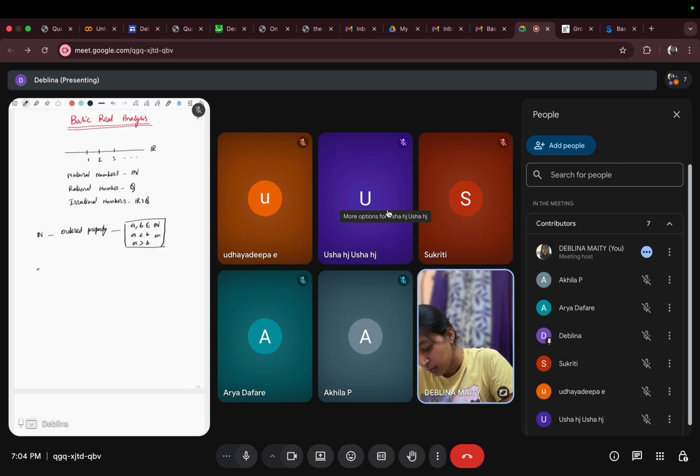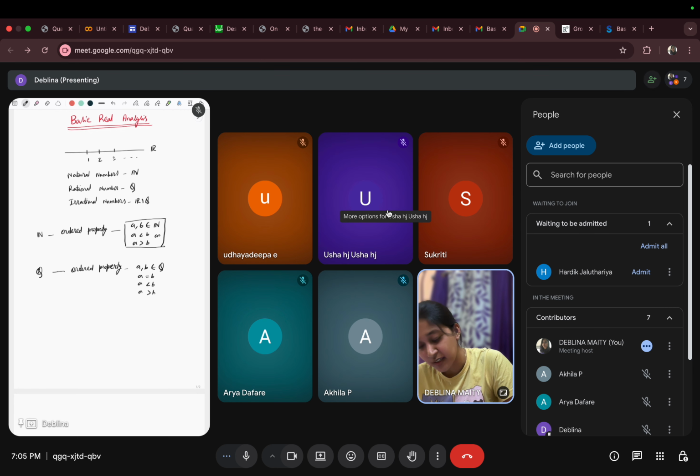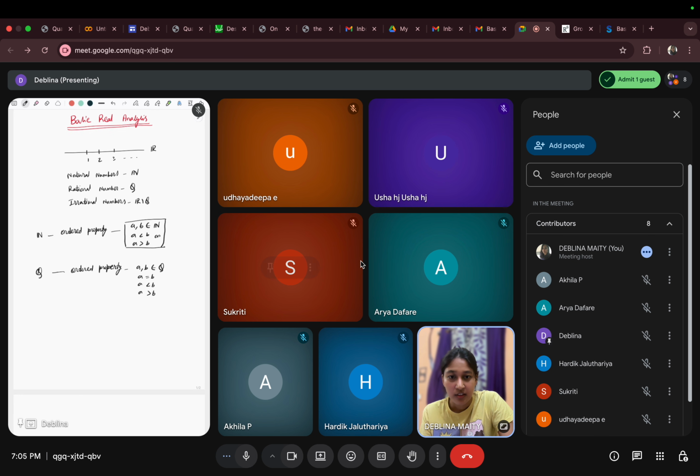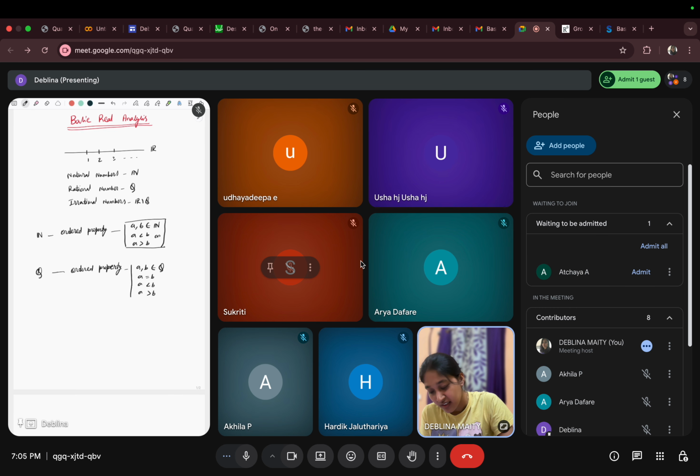And Q also has this order property. If we are given two numbers from the rational numbers, then you can say either a equals b, a less than b, or a greater than b. So there is an ordering in the rational number system.